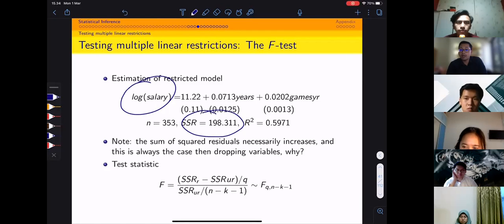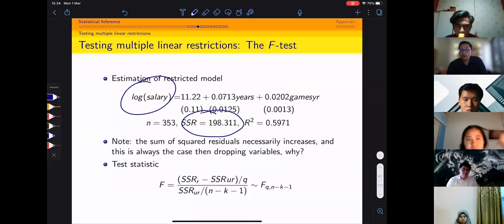If you leave out the three performance variables, will you get a larger or lower sum square residual? If you leave out some variables, your sum square residual will be higher, so the higher the variation that cannot be explained by the model.